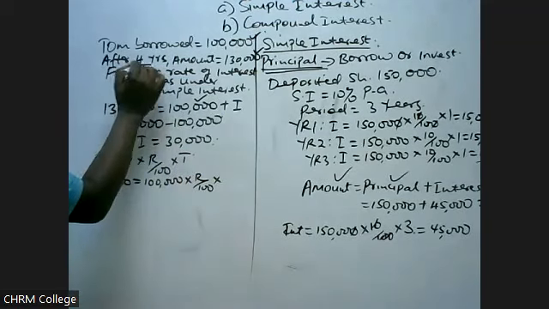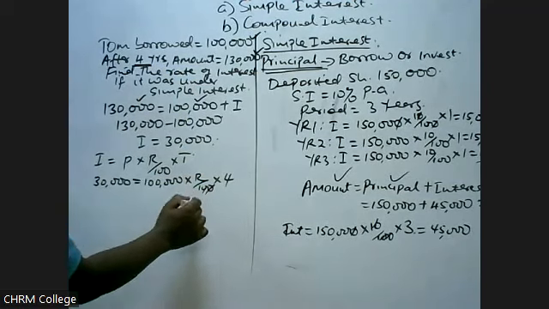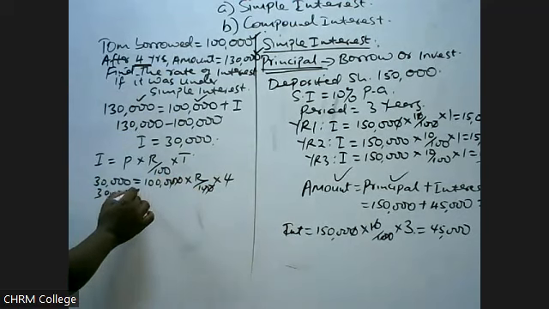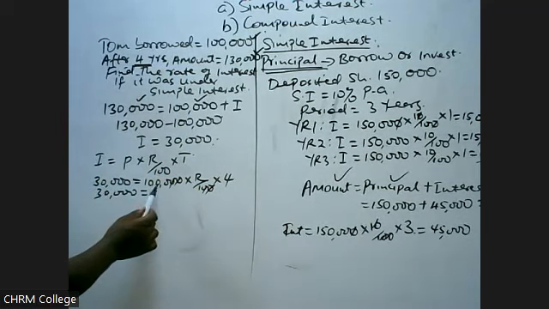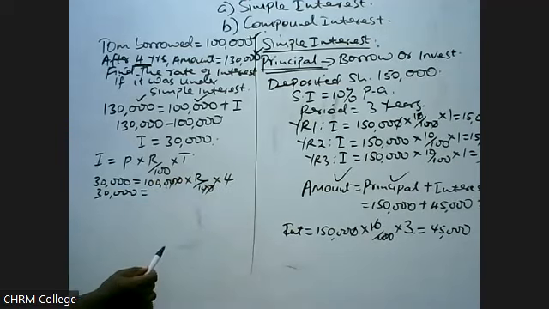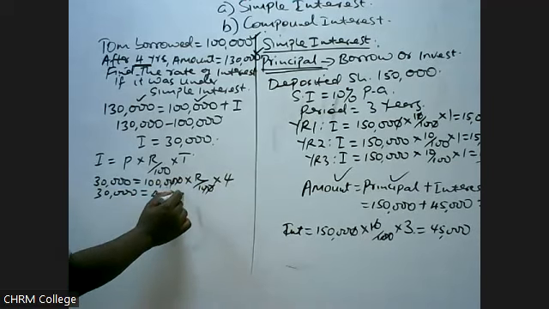It took 4 years to clear that loan. So we are going to get 1,000 times 4, which is 4,000. 4,000 times R will be 4,000 R.